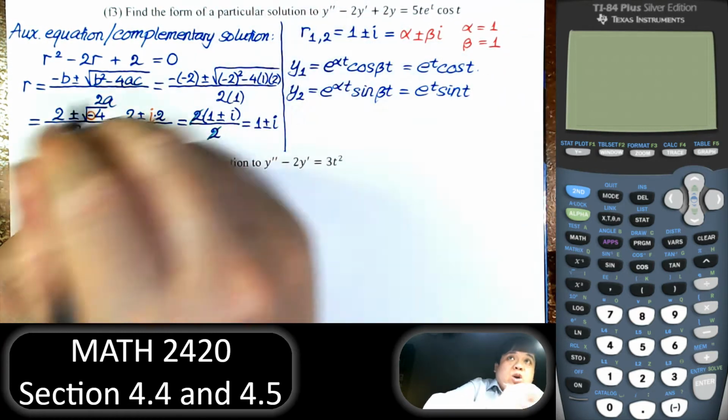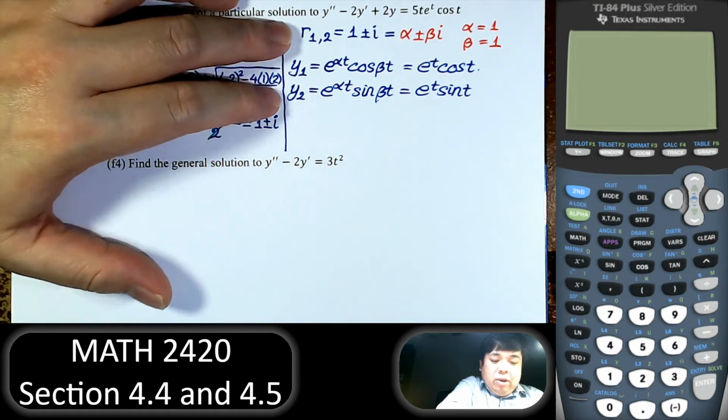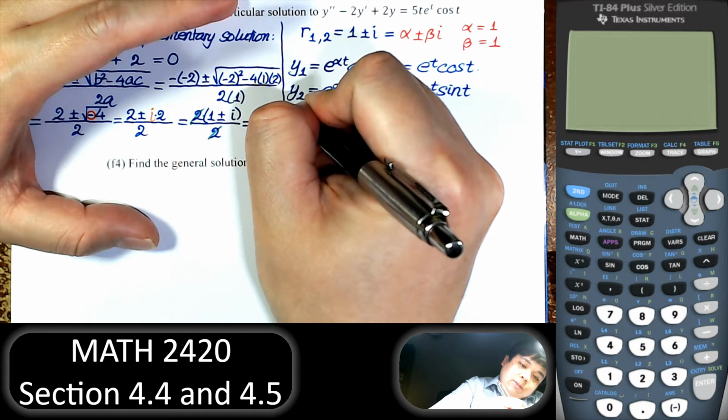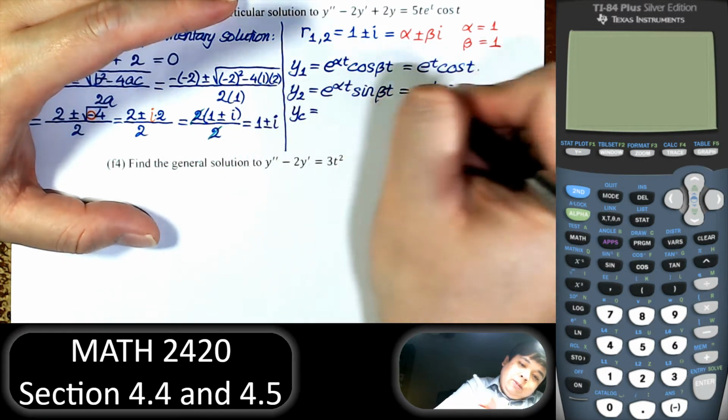Of course, with a linear combination, we can get the complementary solution to be this one.